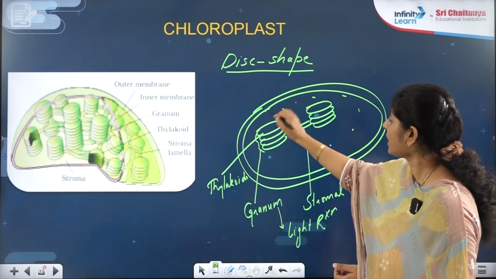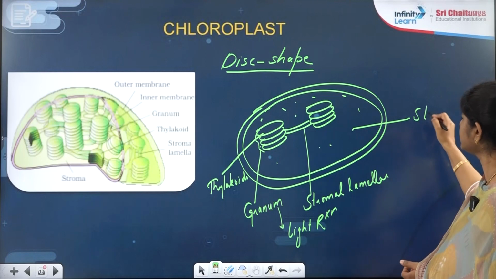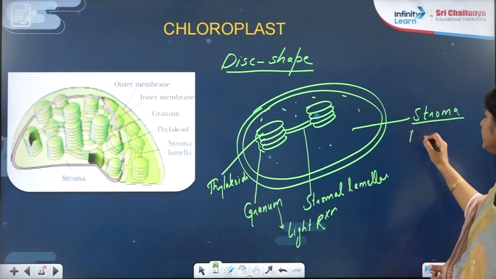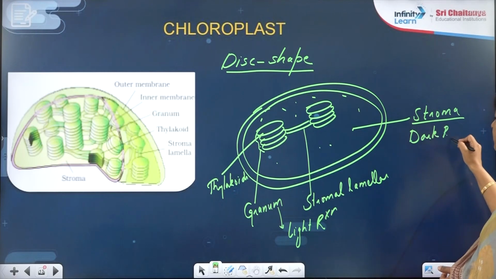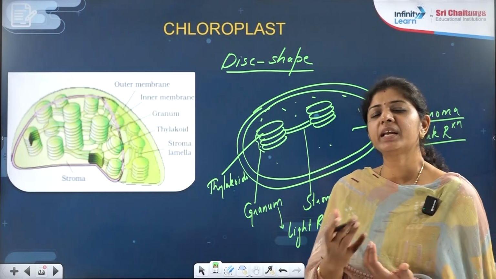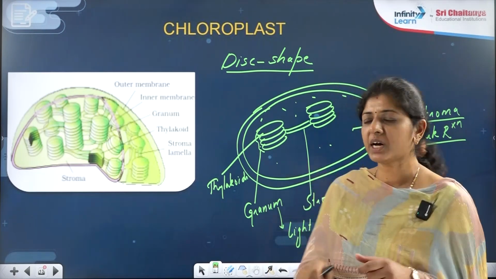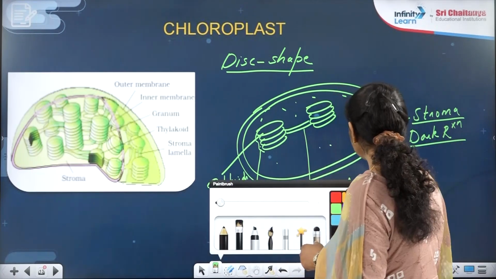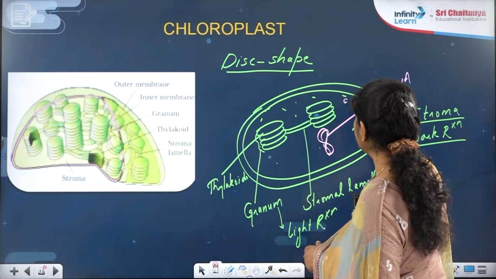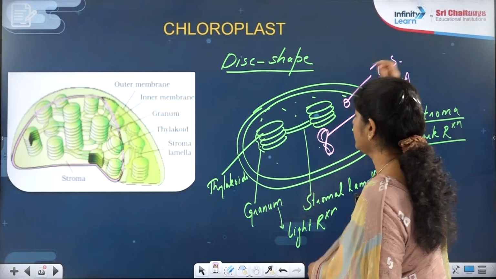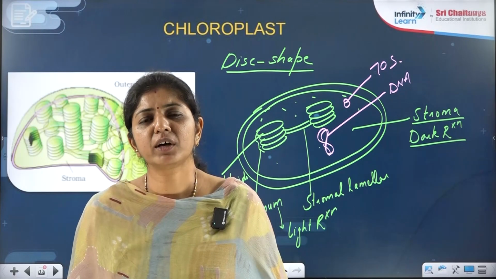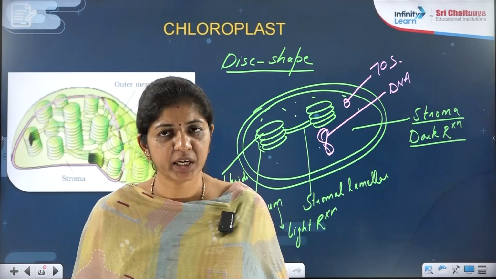Whereas the matrix part, you call it stroma. Which type of reaction will it show? It will show the dark reactions, which we will discuss in the photosynthesis chapter. It means all enzymatic actions happen in the stroma. Additionally, I already said DNA will be there, and it also has 70S ribosomes. They can manufacture their own proteins, so half of their function they can perform independently.